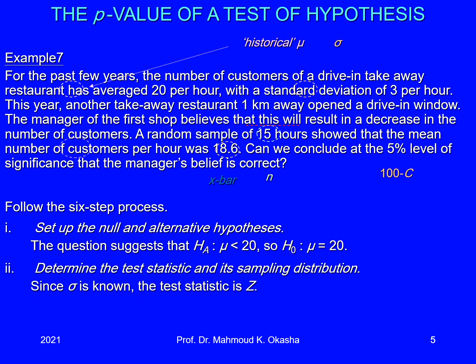The third step is to determine the test statistic and its sampling distribution. We know we're testing a hypothesis around the mean, not the proportion. Since sigma is known, the test statistic is Z, not T. The next step is to specify the significance level, which is given in this example as alpha equals 5%.